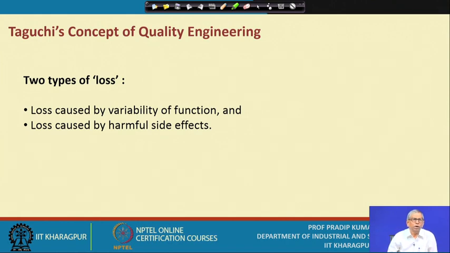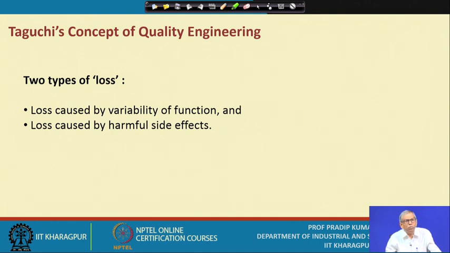Now, when he refers to the loss, there are two types of losses normally we come across. Loss caused by the variability of function, that is obvious in fact, and the second type of loss caused by harmful side effects, right? Now, there could be several examples.